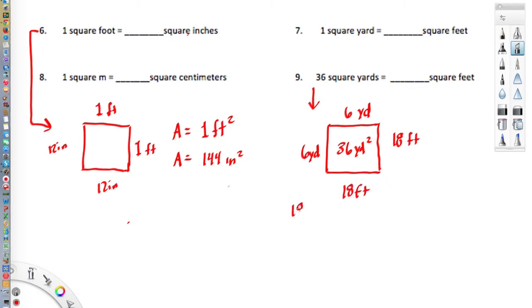So I'd have to take 18 times 18. 8 times 8 is 64. 8 times 1 is 8 plus 6 is 14. Put a 0 there. 1 times 8 is 8. 1 times 1 is 1. We add this up, we get 4, and then we get 12, 324. So that would be 324 feet squared.